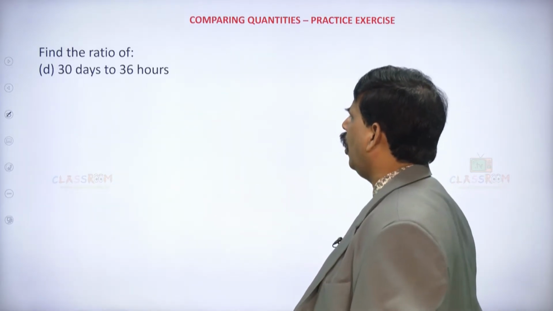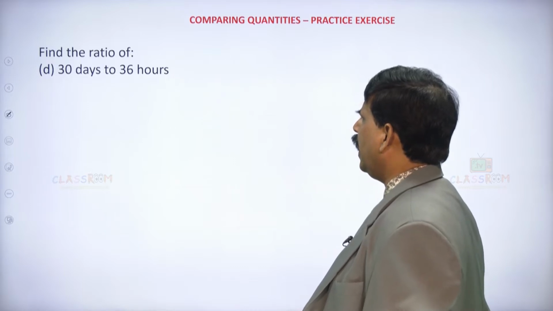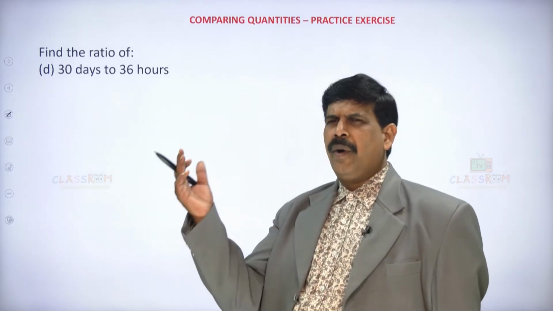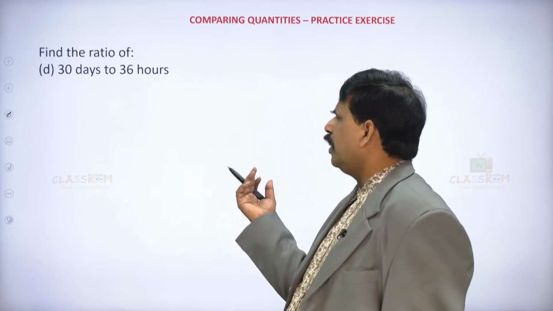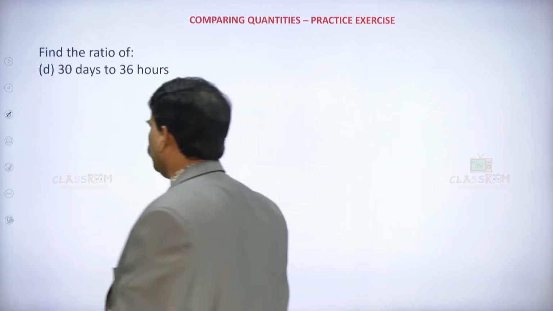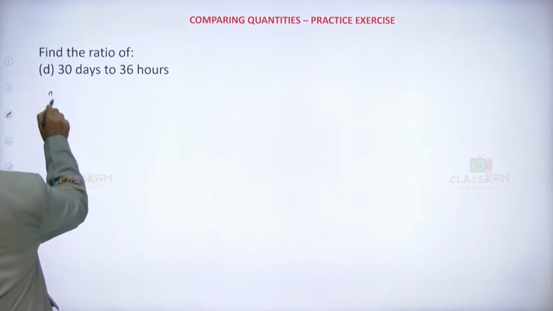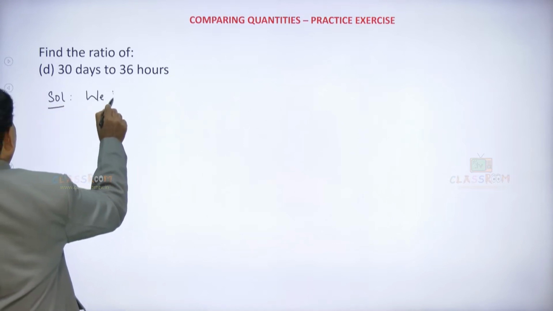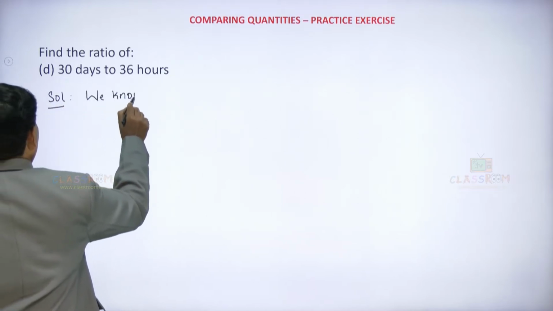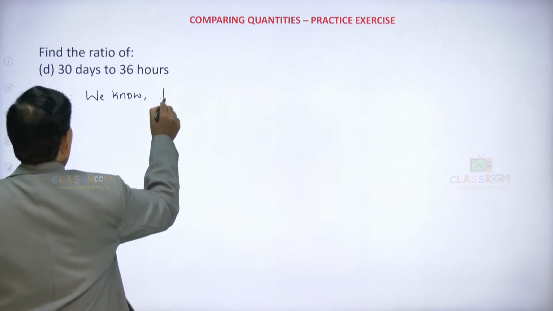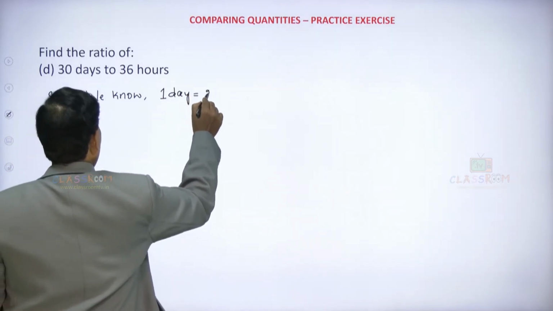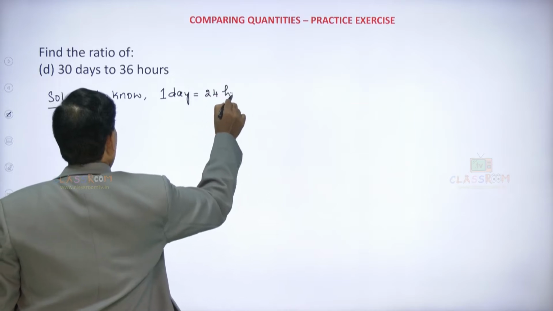Find the ratio of 30 days to 36 hours. One is in days and another one is in hours. So convert the days into hours. So we know one day is equal to 24 hours.